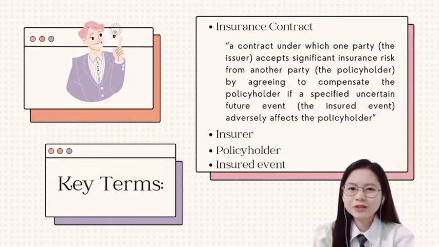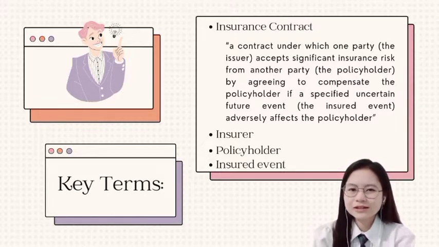So the key terms in the definition of the insurance contract are the insurer, policyholder, and insured event. Pag sinabi natin insurer, it is the party na may obligation under the insurance contract na i-compensate yung policyholder once nga na magkaroon ng insured event. Example nito is yung insurance companies.